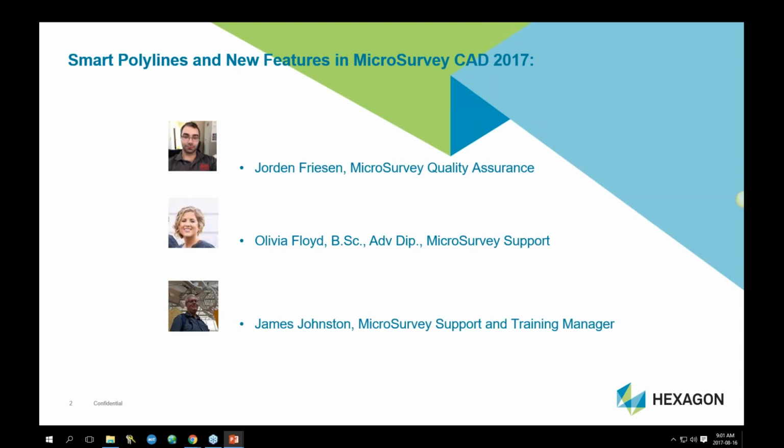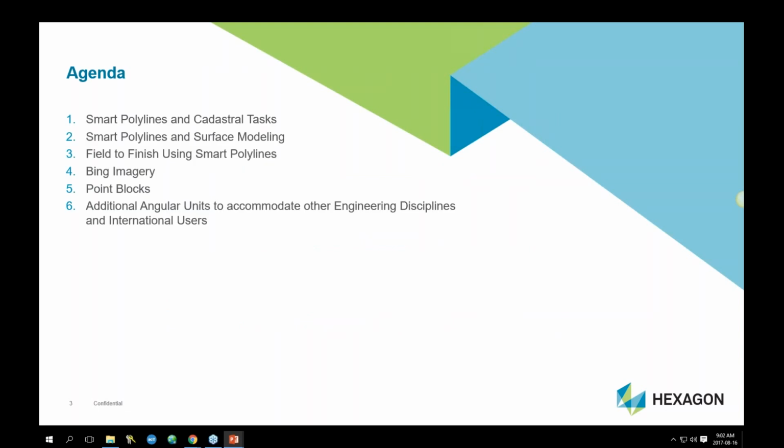So let's get started learning about how new features can improve your productivity with MicroSurvey CAD 2017. The agenda for today is to go over these 6 topics. I'm going to talk about, first of all, how Smart Polylines can affect your cadastral work.